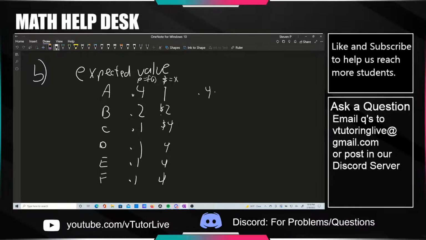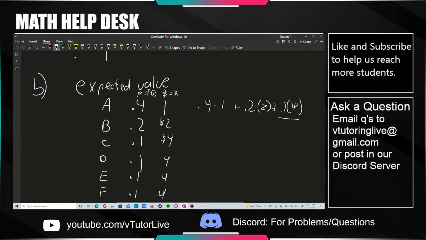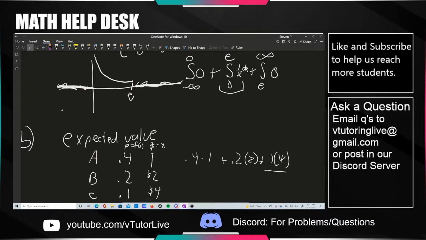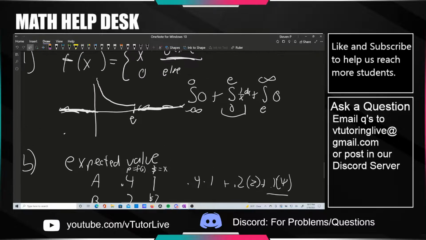So it's like 0.4 times 1 plus 0.2 times 2 plus 0.1 times 4 plus the exact same thing 3 more times, right? It's basically just saying what's your average winnings if this was like a betting situation.